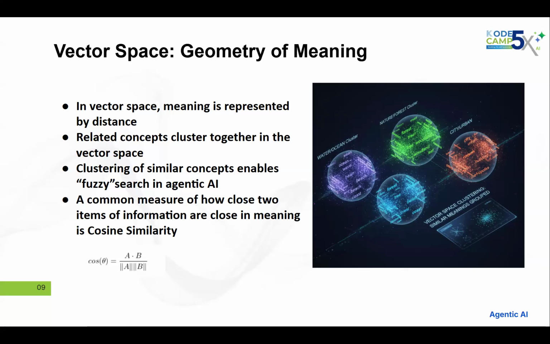So this clustering makes it easy to do what is called fuzzy search in agentic systems. It's fuzzy in the sense that you don't follow complete logic. If it's close, it's similar, you don't follow through the entire logic chain, or something like using heuristics. Heuristics is somewhat fuzzy logic, right?